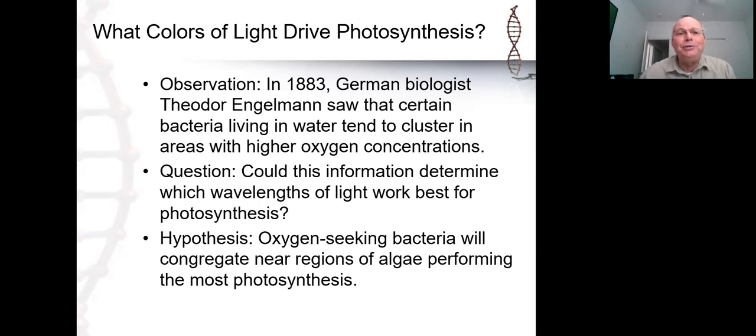So how to go about doing this? Well, Engelmann knew that algae, and specifically Spirogyra, which is known as a filamentous algae, carry out photosynthesis and therefore must produce oxygen, because the production of oxygen as a byproduct of photosynthesis was figured out in the 1750s by an English scientist named Joseph Priestley.